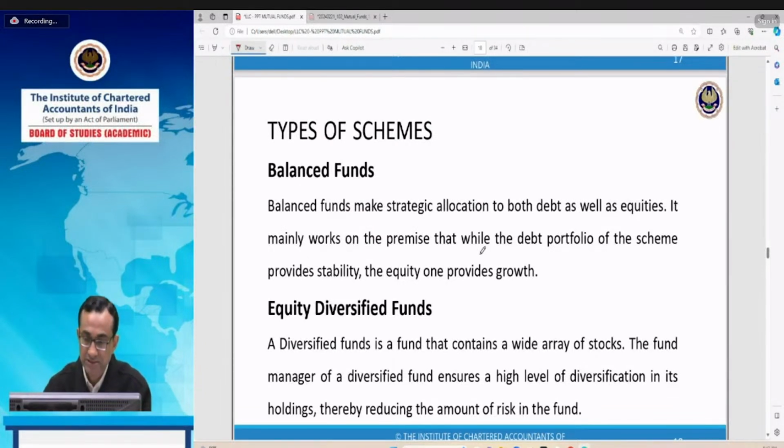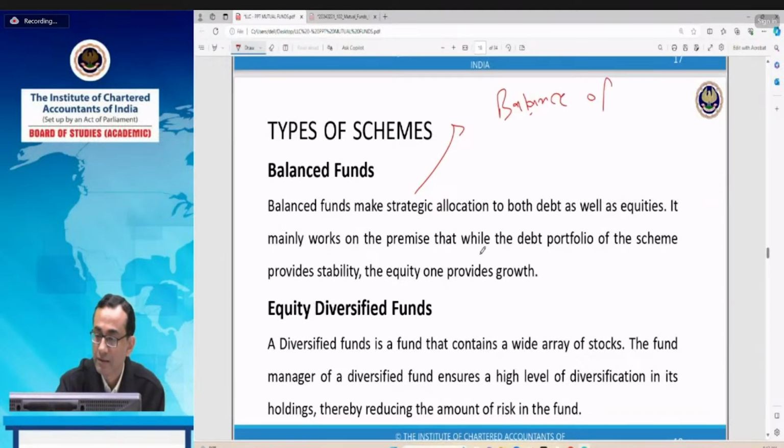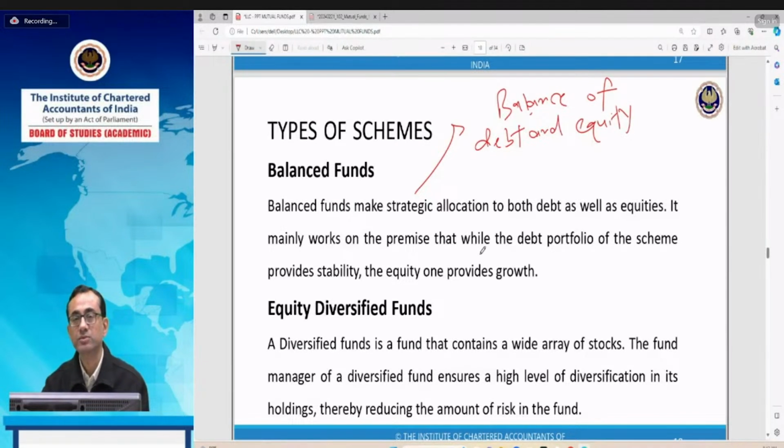So a balanced fund is, you can say, a balance of debt and equity. Actually, some major portion is in equity. Most of the mutual funds, I will not say all of the mutual funds which are issuing balanced funds, basically it is a 60-40 ratio most of the time.